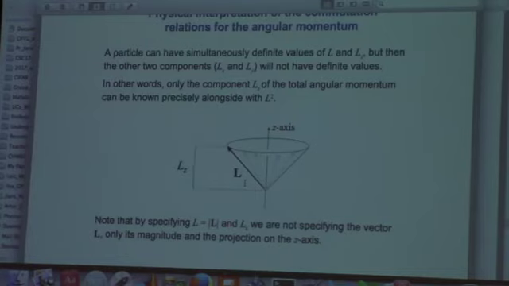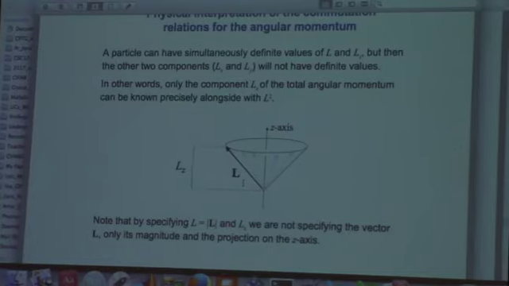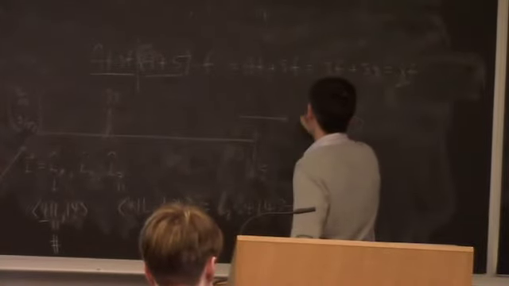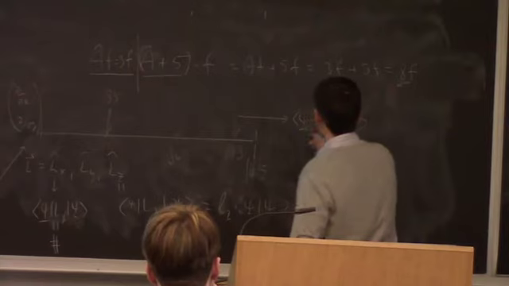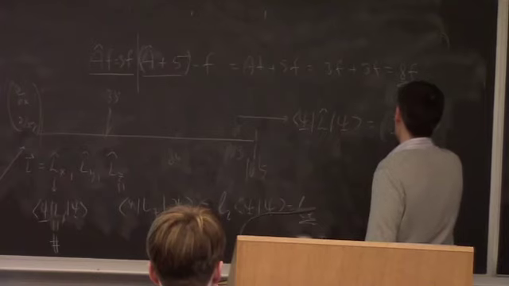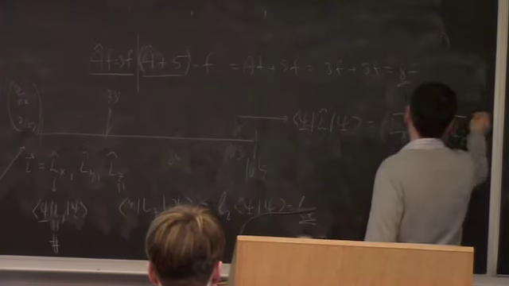Now, the length of the vector is well defined. Why? Because we established that in order to get the vector we need to take an average with the wave function. Then you get the components of the vector, which are Lx averaged, Ly averaged, Lz averaged.